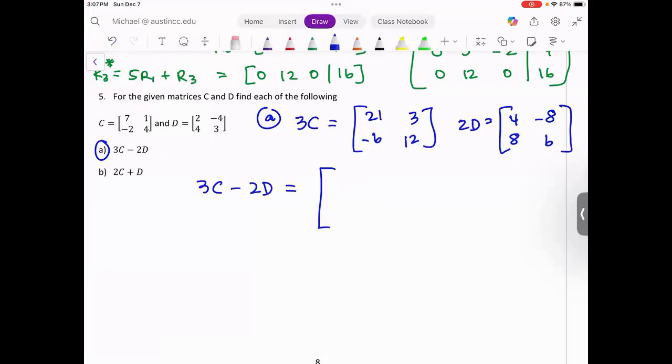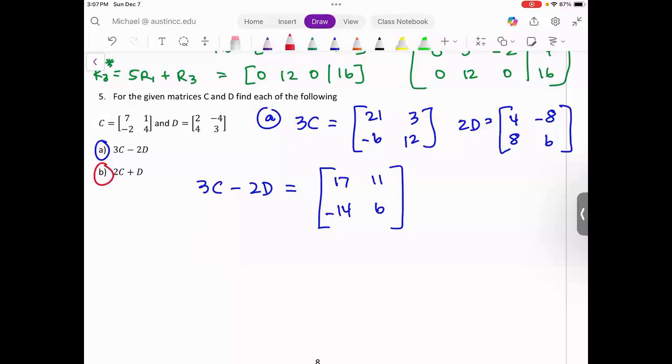So really we want 3c minus 2d. So it's going to be 21 minus 4 is 17. We're going to have 3 minus a -8, which will be 11. We have -6 minus 8, or minus 14, and 12 minus 6, or 6. And that is our final answer there.